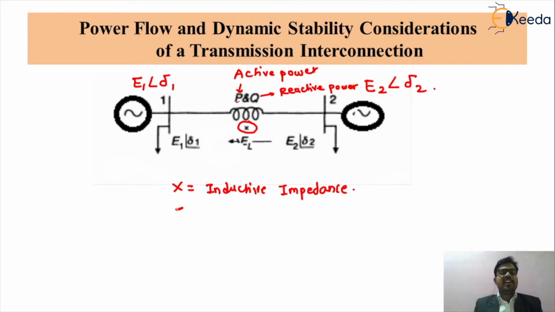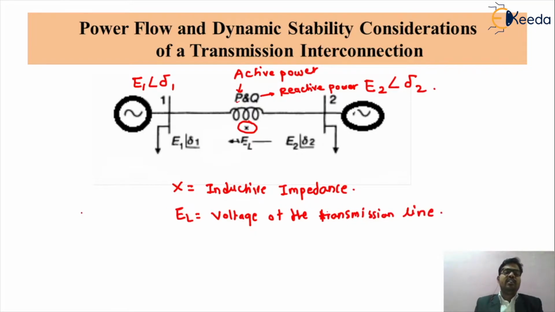So the line will have a voltage, the voltage of your transmission line while we are considering the impedance. So this EL will be the transmission line voltage.